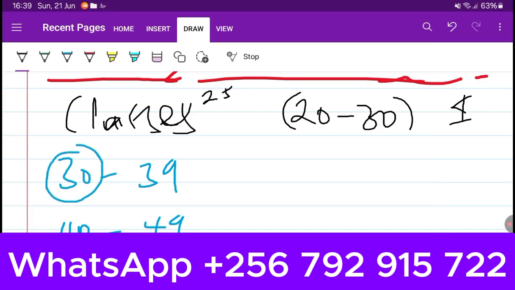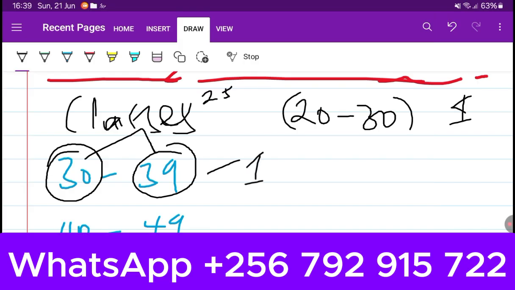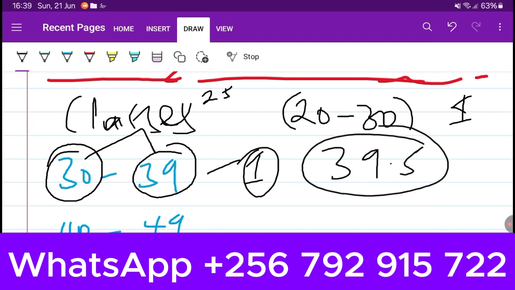This is the lower class limit and this is the upper class limit of that class, so both of these elements are included within these values. When you are picking out those numbers, even the number 39 will be picked and will be inclusive within this class. The only numbers that we can't include in this class are ones like 39.5, because it's above 39.